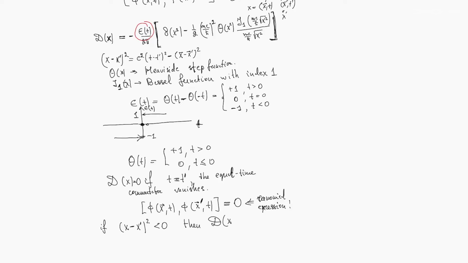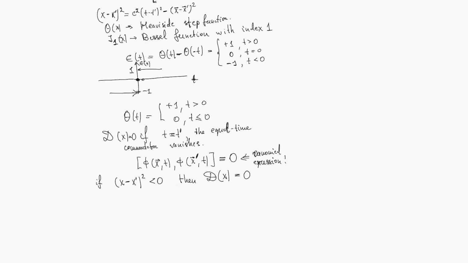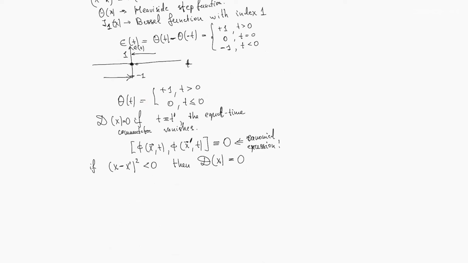This first term is the delta function of x squared, and so if x squared is less than 0, then you don't meet the support of the delta function, and so the delta function is 0. And also the piece containing this Heaviside theta function vanishes as well. And so the whole Pauli-Jordan function vanishes for points separated by a space-like interval, and therefore fields separated by such an interval commute.